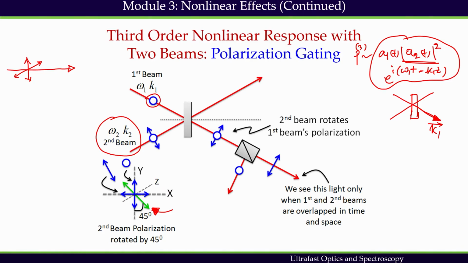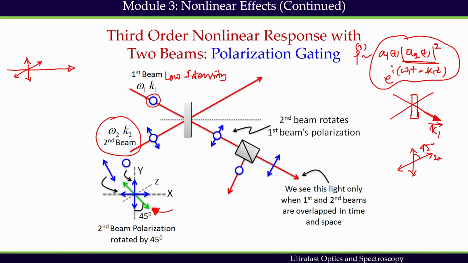So the first beam is vertically polarized and of relatively low intensity. This beam doesn't induce nonlinear polarization in the medium itself. However, the polarization of the second beam is rotated at 45 degrees with respect to the first beam. So if the first beam is vertically polarized like this, then the second beam is rotated at 45 degrees, so the polarization looks like this.